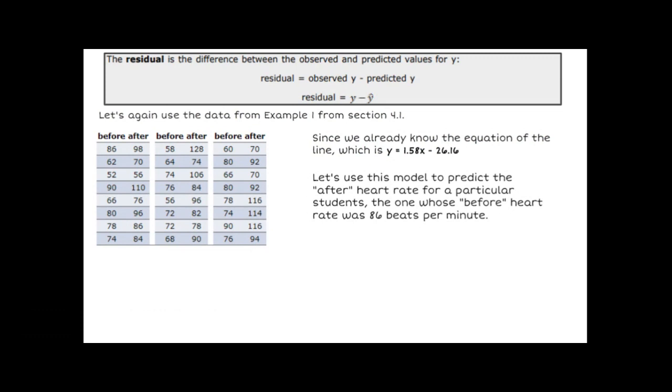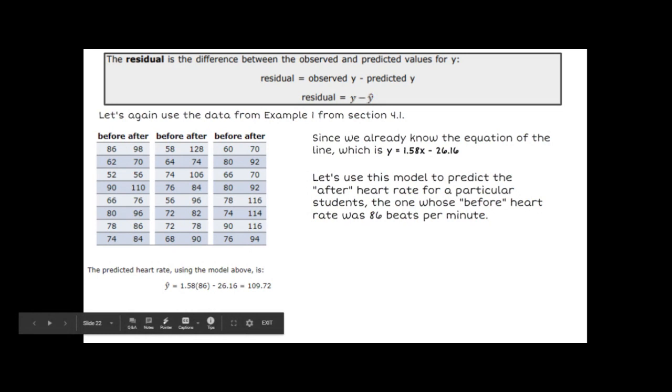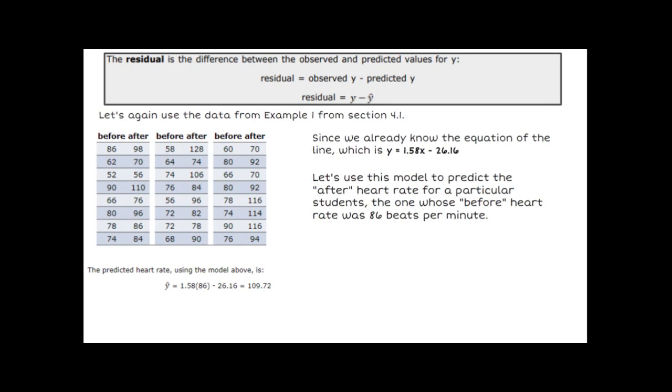The predicted heart rate y hat equals 1.58 times 86 minus 26.16, which gives 109.72 beats. Using that predicted heart rate, the residual will be equal to negative 11.72.